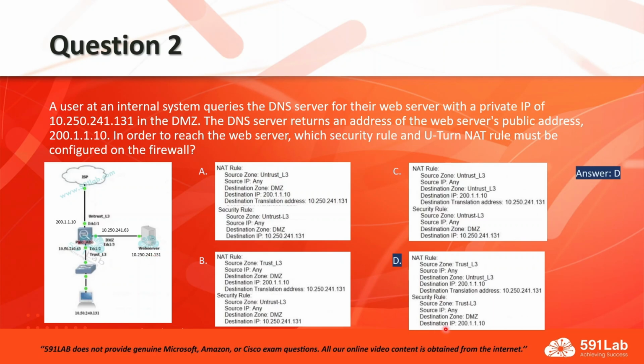And then the security rule will be the source zone from trust to the destination zone of the web server. This is the DMZ, and the destination IP address, which is the public IP, is 200.1.1.10.